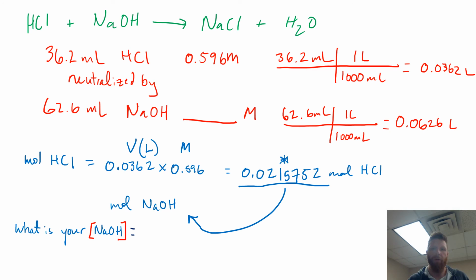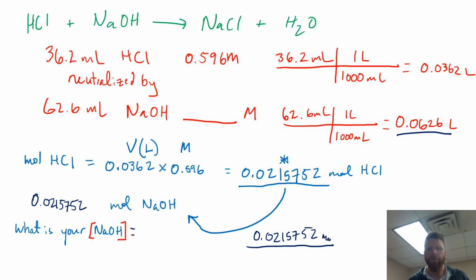Well, we know that we have 0.021572 moles of sodium hydroxide. We also know our volume of sodium hydroxide. So we're going to take that number of moles, 0.021572, and divide that by 0.0626 liters.